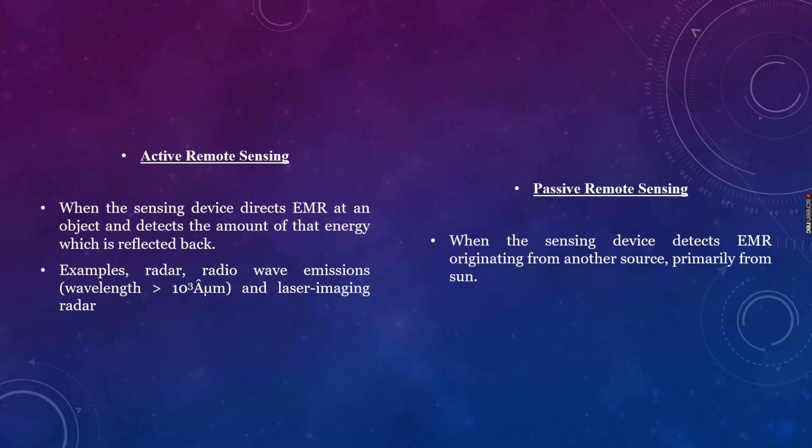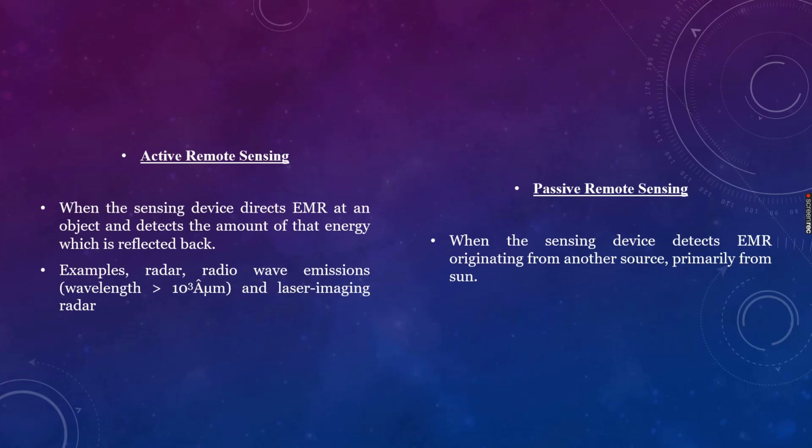In active remote sensing, when the sensing device directs EMR at an object and detects the amount of that energy which is reflected back, then the process is known as active remote sensing. Some examples of active remote sensing are radar, lidar, and sonar. In radar, lidar, and sonar, the signals or pulses are created by the sensor itself and radiated towards the target.